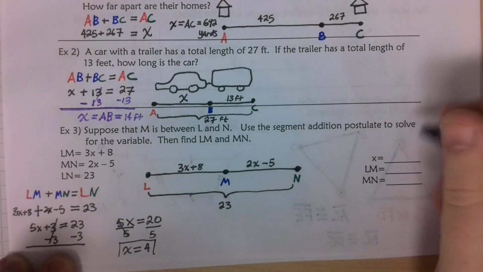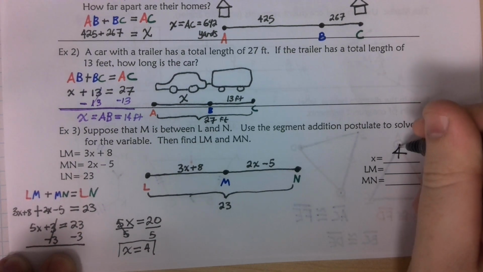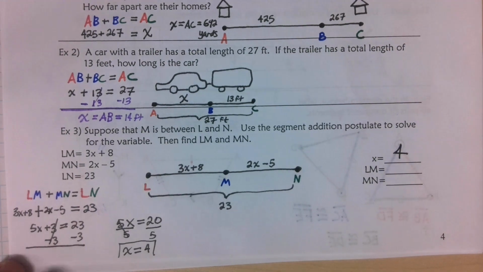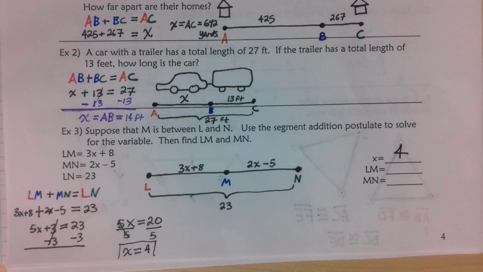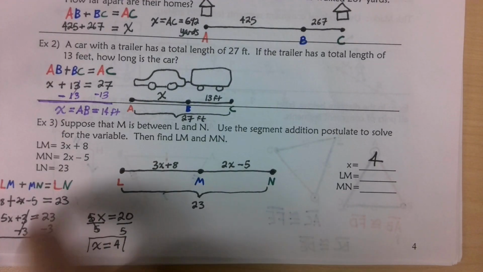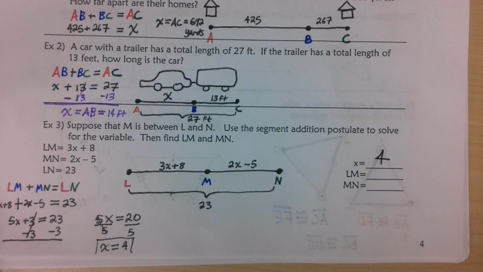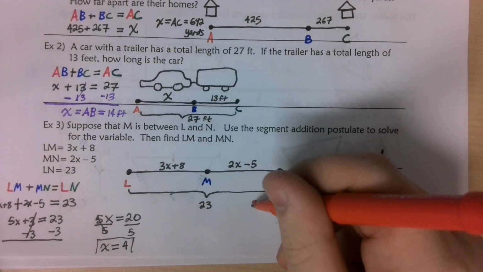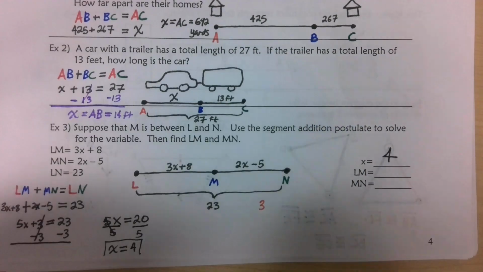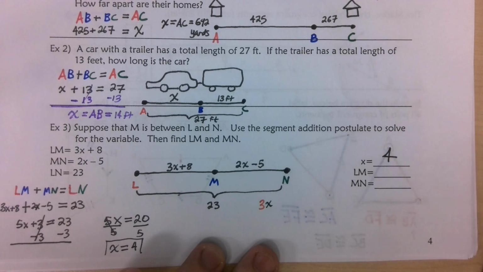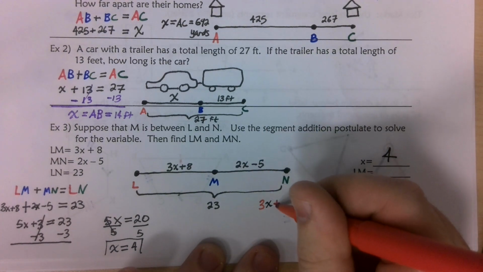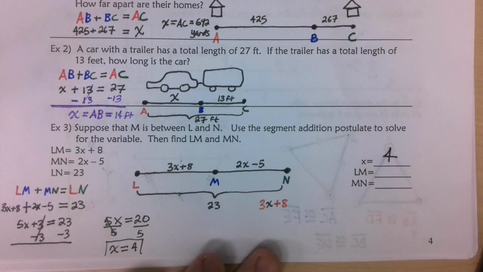We have just solved the hardest part of this problem, finding x. X is 4. But we're not quite done yet, because we don't just want x, we want the lengths of these segments. Well, we started off by knowing that 3x plus 8 was the first segment, segment LM.